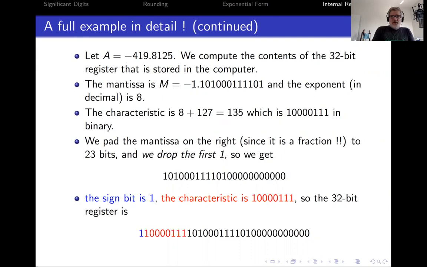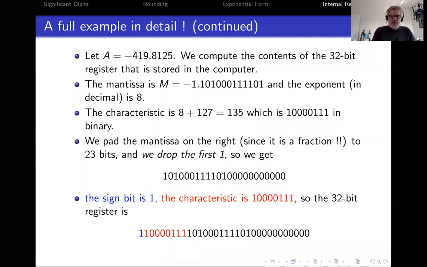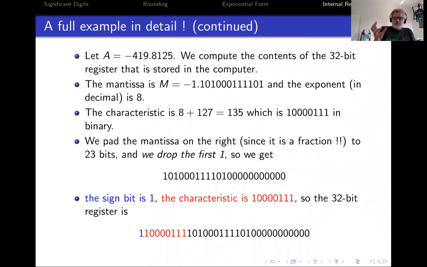There are a couple of things that you need to be careful with. I've seen a lot of mistakes on tests in the previous years with this, and I really don't want to see this mistake. So the mantissa is a fraction, right? So you don't pad it to the left with zeros. This is going to mess it up completely. You want to pad it to the right. Think in decimal.